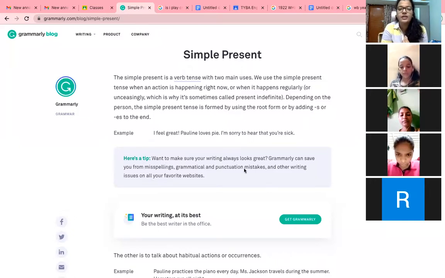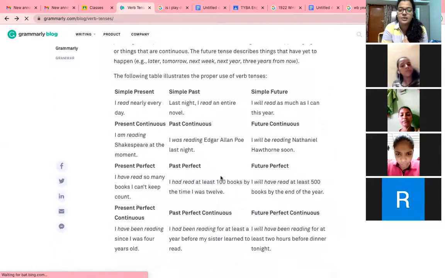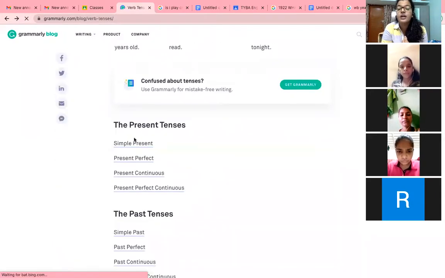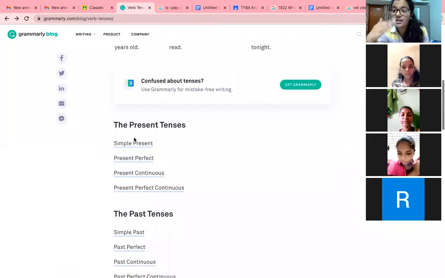Okay? Now, let's go back and let us look at the second one. Now, please understand, comparative learning. Comparing and then understanding better. Like how Sejal said, it is not continuing in the present. It's not happening right now, but it just happens daily. Hence, it's simple present. Right?